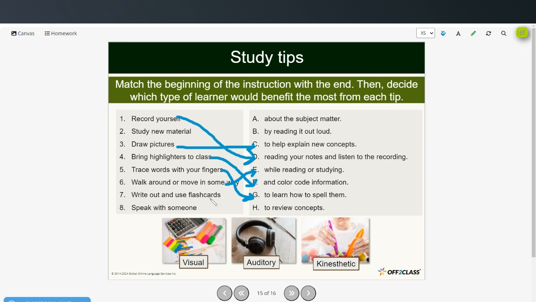Write out and use flashcards to review concepts. That would be kinesthetic. Speak with someone about the subject matter. That would be auditory. And study new material by reading it out loud. That would also be auditory.